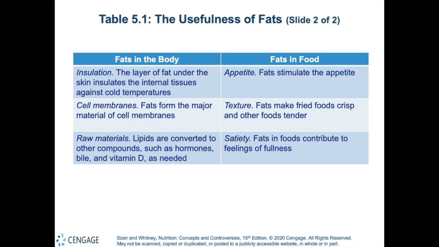Lipids also have a crucial structural role within cell membranes, so fats form the major material of cell membranes in the form of phospholipids, and we'll be talking more about that in due course. And lastly, in this table, raw materials. Fats can be converted into other substances in the body, such as bile, lipid hormones, and vitamin D, as well as other things as needed.